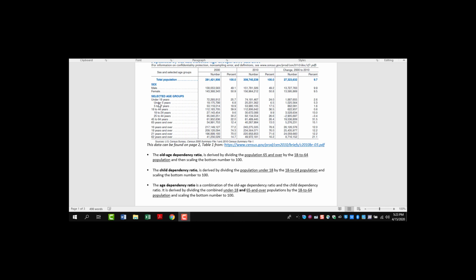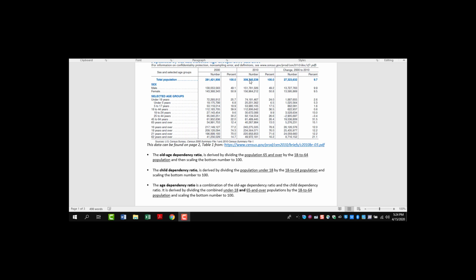Well, you don't have 18 to 64, but you have 18 to 44 and then 45 to 64, and you add those two together, you get 18 to 64, right? And then you're going to scale the bottom number to 100, which just means total divided by total equals x over 100. Same thing here. The child dependency is going to be people under 18 divided by the 18 to 64, adding those two together.